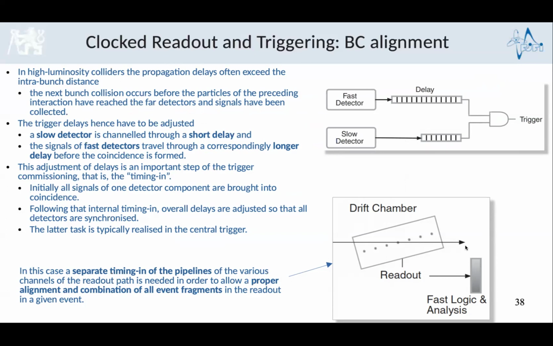Okay, a very common problem or issue that one has in the experiment is that the propagation of the signals is larger than the intra-bunch crossing distance, which is the distance between collisions in the collider experiments.